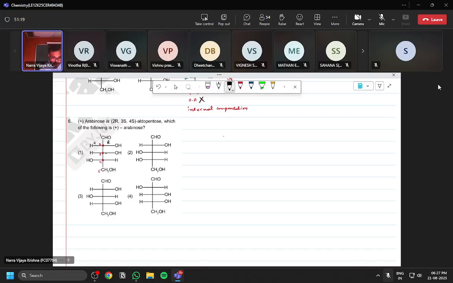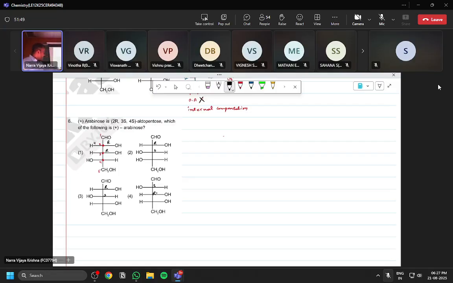So R. No need to check. Now, based upon this, it should be R. Correct or not? If I write OH this side, definitely it becomes S. Correct? This becomes again R. Correct?